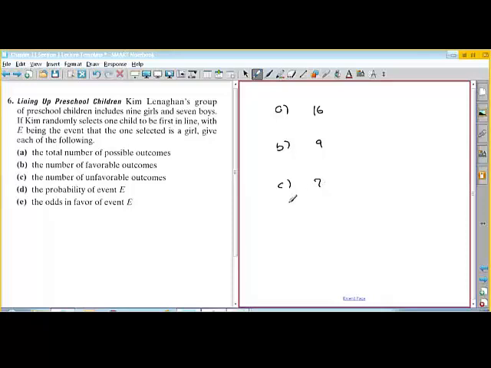So in this case, picking a boy is an unfavorable outcome relative to the question they're asking. The probability of event E is the ratio of the number of favorable outcomes to the total number of possible outcomes. B is the number of favorable outcomes and A is the total possible outcomes, and so your answer is 9/16.